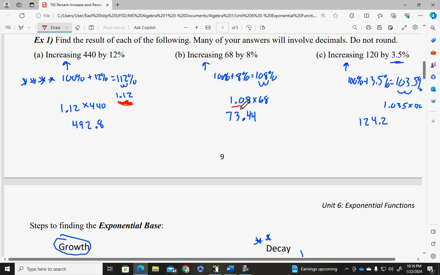When we did the 100% plus the percent and changed it to a decimal, that's going to be our exponential base. That's going to be our multiplying factor that we talked about in lesson 1. Since this is greater than 1, it's a growth.